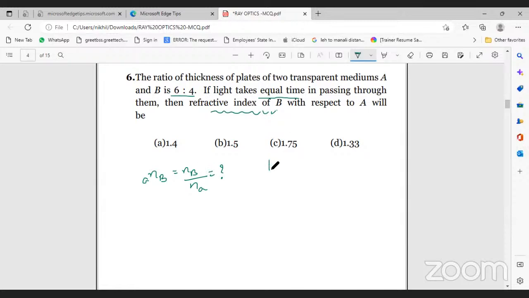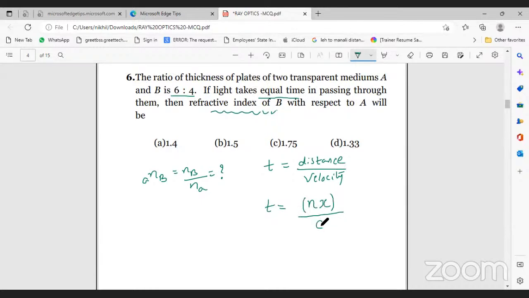What is the basic definition for time? Distance by velocity, sir. T equals to distance by velocity. Distance can be taken as in the first medium, I will take it as x. If it is air, it is only 1 into x. Suppose if there is a refractive index in that medium, then it should be n into x. So distance is given by the formula n into x.